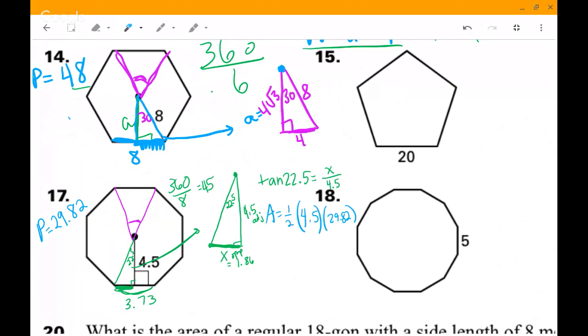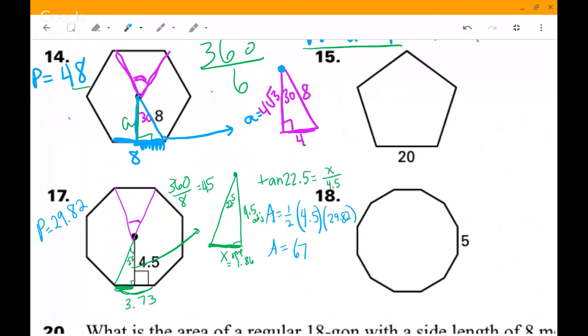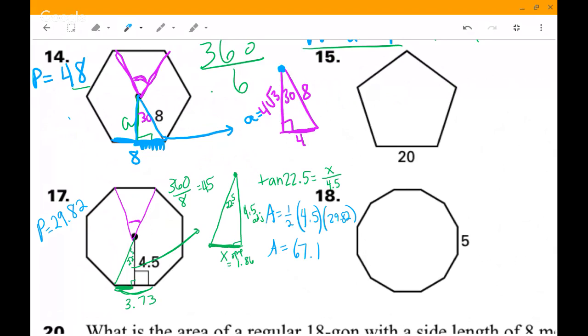Oh, and the perimeter. Okay, I got 67.1. Me too. Good.